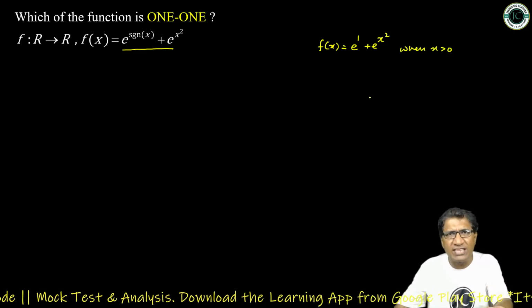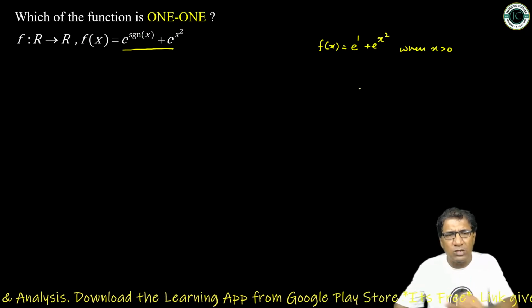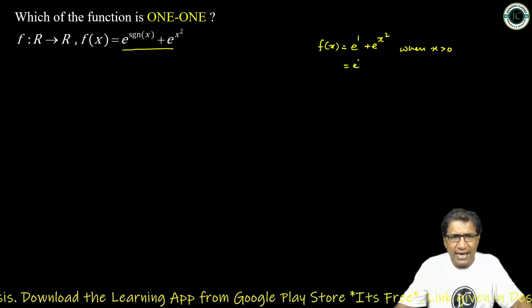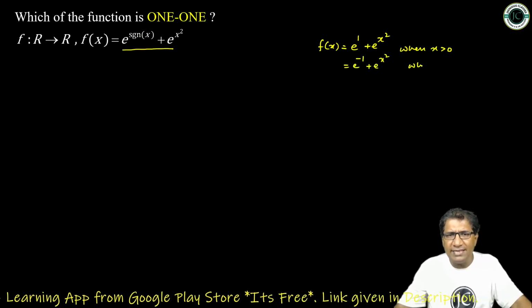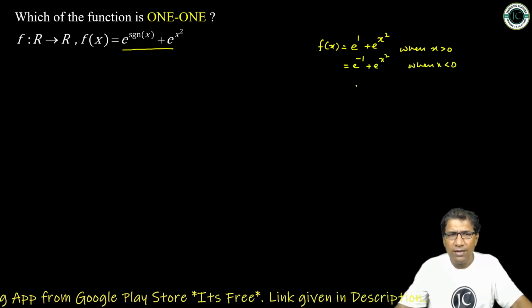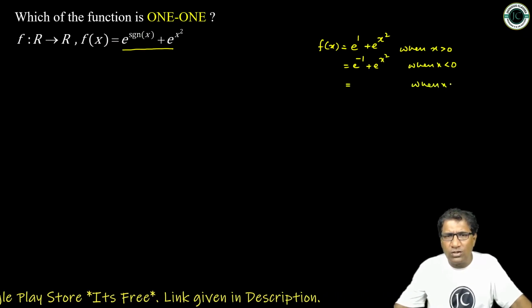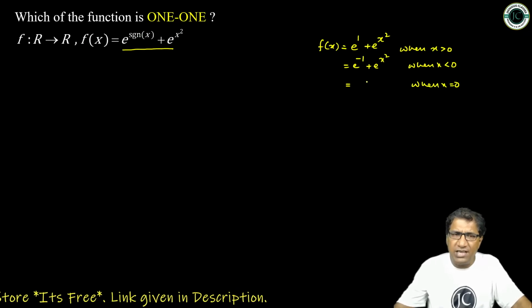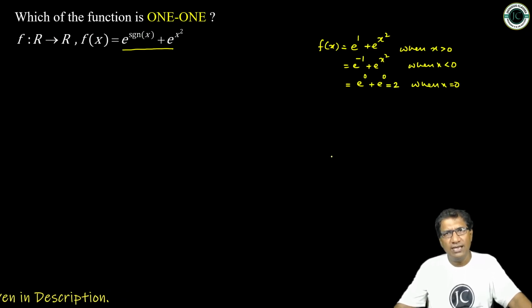That is the definition of signum function. When x is greater than 0, signum of x becomes 1. Signum of x becomes -1 when x is less than 0. And when x equals 0, signum of x is 0, so it is e to the power 0 plus e to the power 0, which gives us 2. Is it clear?